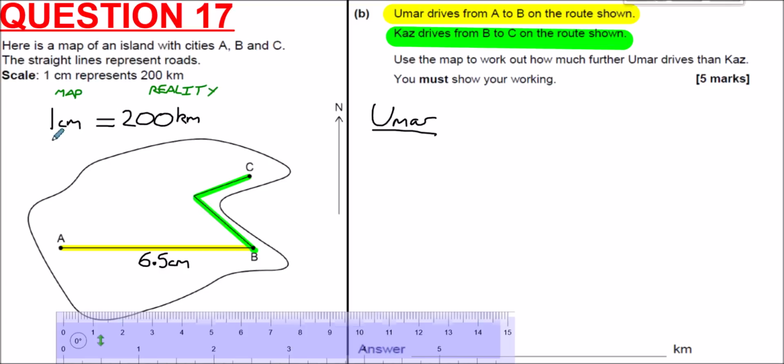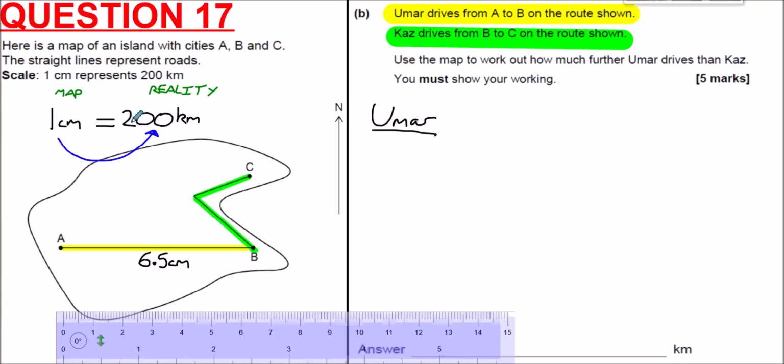And this relation is in the form where one of the numbers is 1 and the other number isn't 1. So if a ratio is ever in this form, and we can convert units by using a ratio that's given, if one number is 1 and the other number isn't 1, we change from one to the other by multiplying or dividing by the number that isn't 1. In this case, multiplying or dividing by 200. So if we're changing from centimetres to kilometres, just look at the numbers.